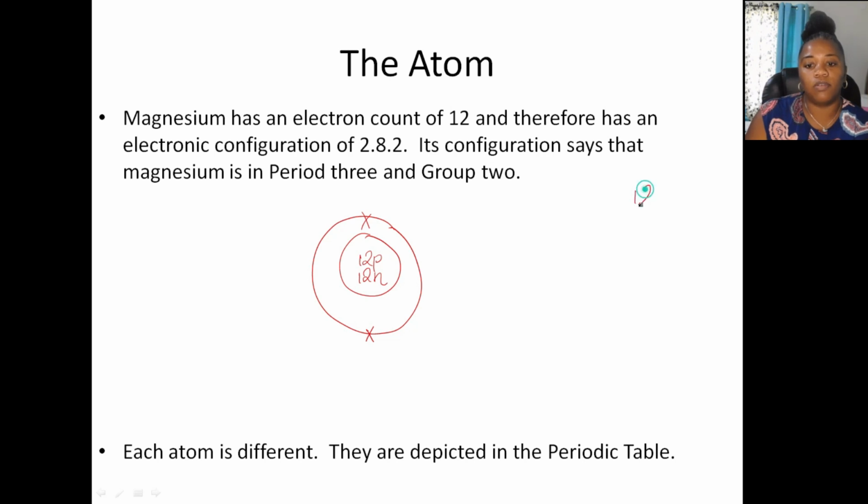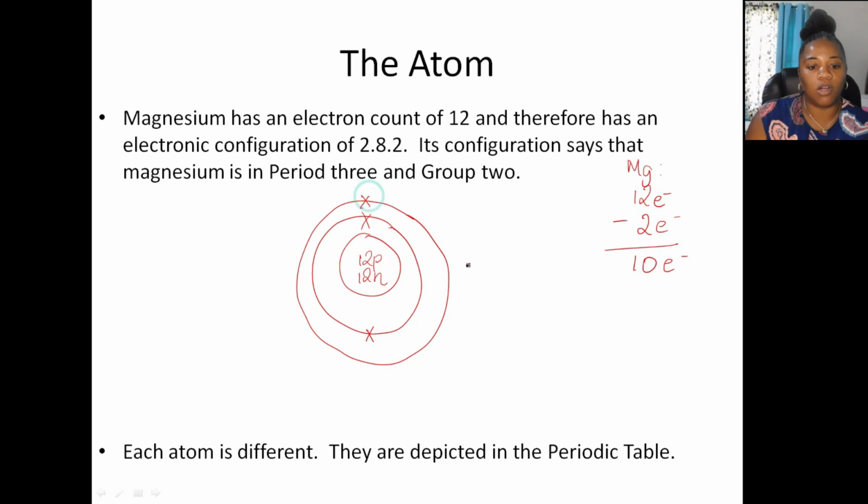So if magnesium has 12 electrons, then the first shell holds a maximum of 2, so you subtract that, and you have 10 electrons to play with. Now you know that the second shell holds a maximum of 8. So we have 1, 2, 3, 4, 5, 6, 7, 8.